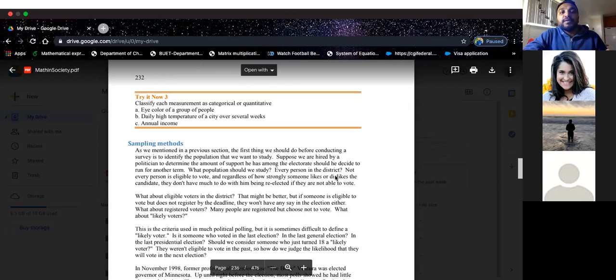Whether he will be elected for the next term as well, or if he has sufficient support from people. What are they talking about? How are they behaving? How are they going to vote and all that? So again, the first job in your hand is to define the population. Which group of people you want to consider, you want to collect data from, right?